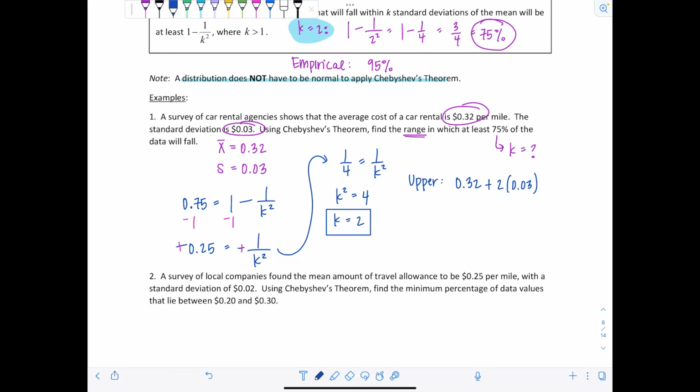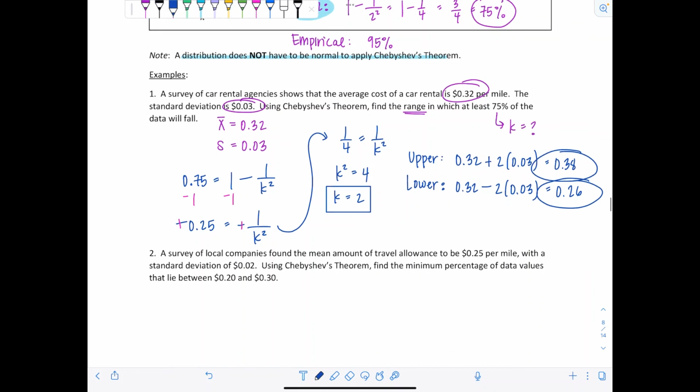So 0.32 plus 0.06, that's 0.38. And then the lower limit, or the lower end of the range, would be 0.32 minus 2 standard deviations. 0.32 minus 0.06 is 0.26. So here's the range. At least 75% of the data is going to fall between 0.26 and 0.38. You could just write it like that.